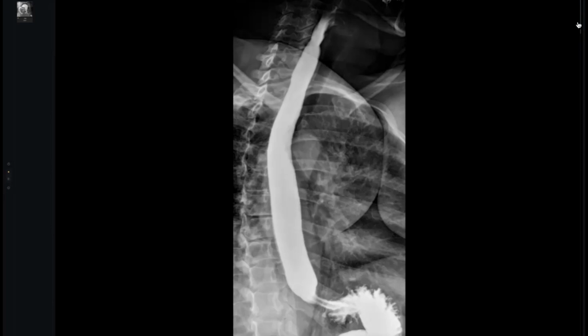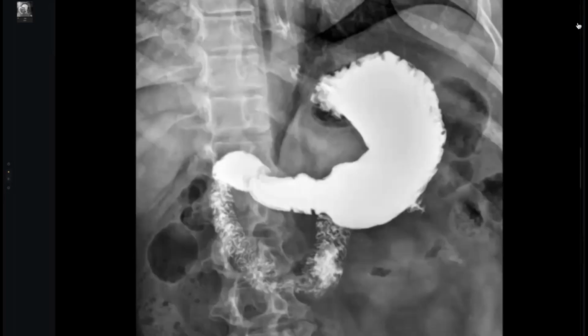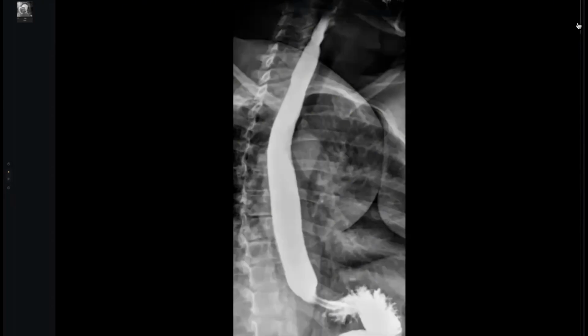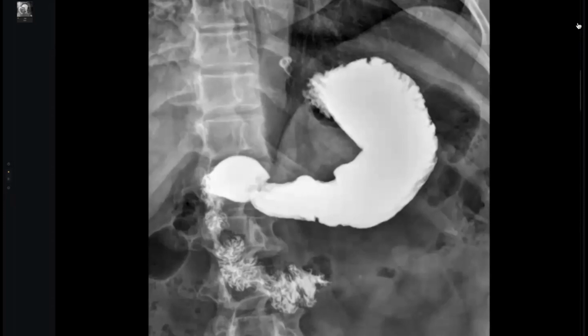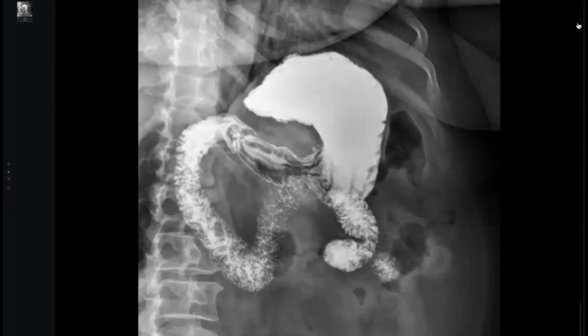I will scroll to check the images. It is better to scroll with the arrows to take it slice by slice. This is the last one. So the last image is seen till the contrast reaches the proximal jejunal loops.